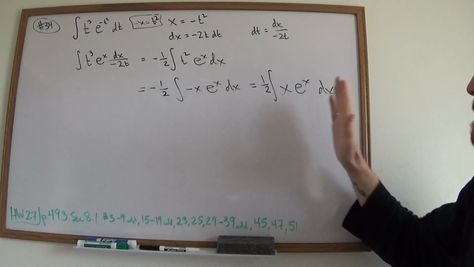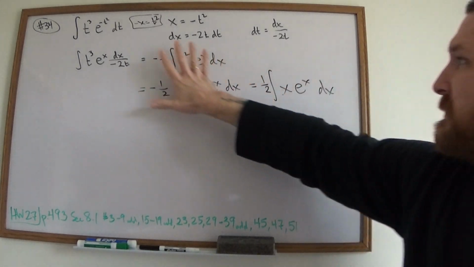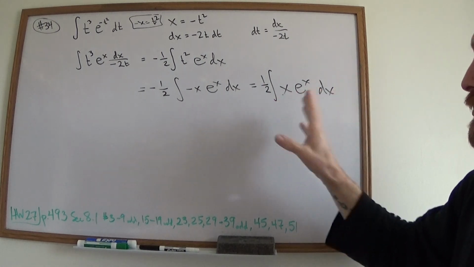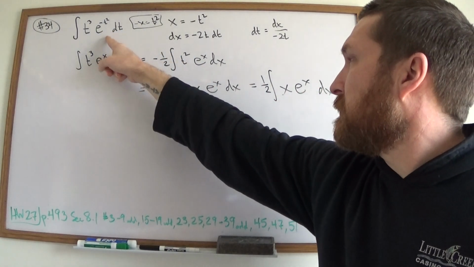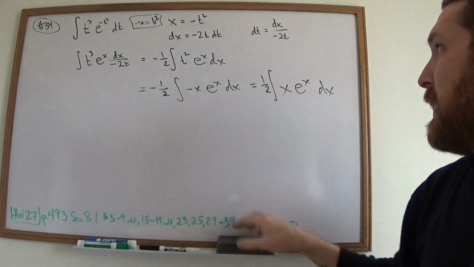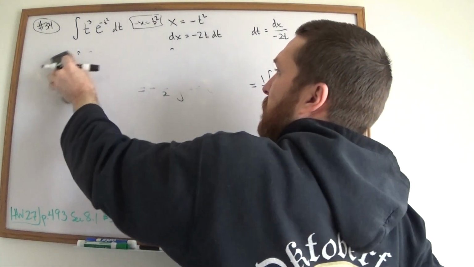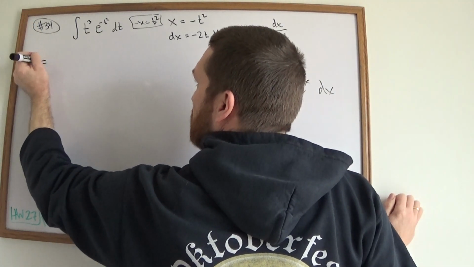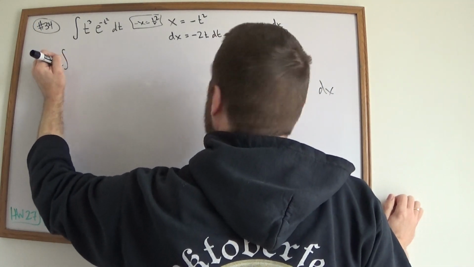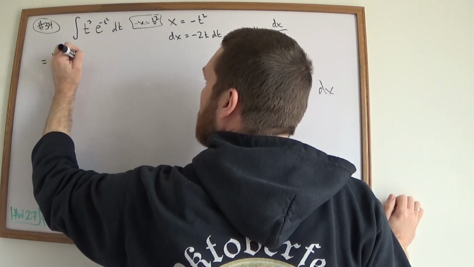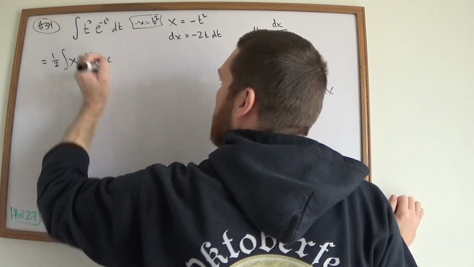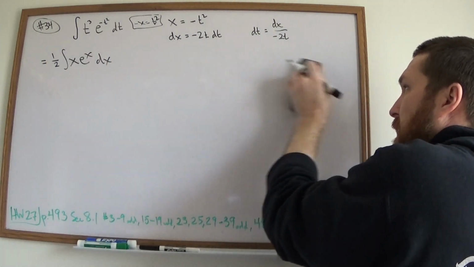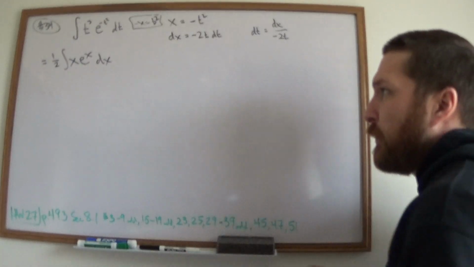So I'm going to go ahead and get rid of this stuff just to give me some more room. We just found that this, with this substitution, gives me that. So I'm going to say this is the same thing as 1/2 the integral of x e to the x dx, like that. Now, I have a product.